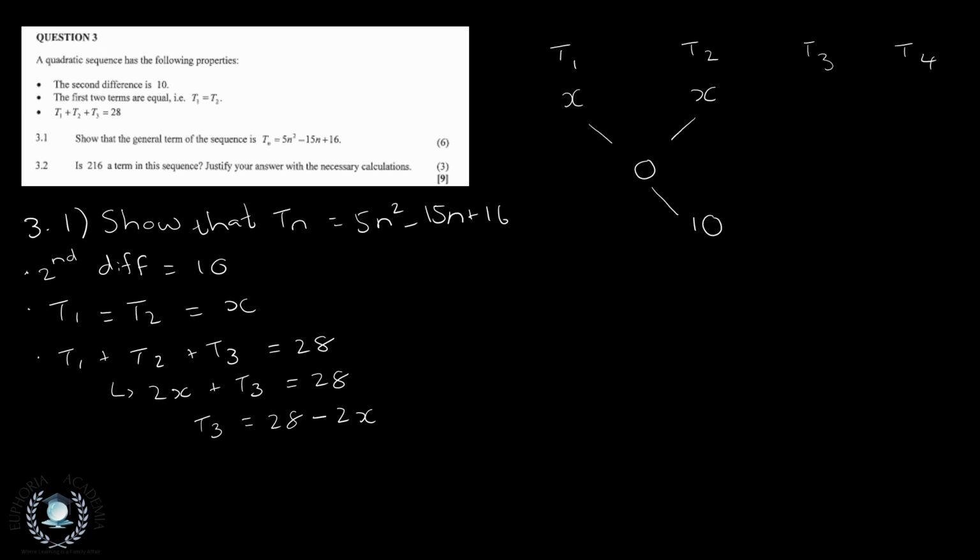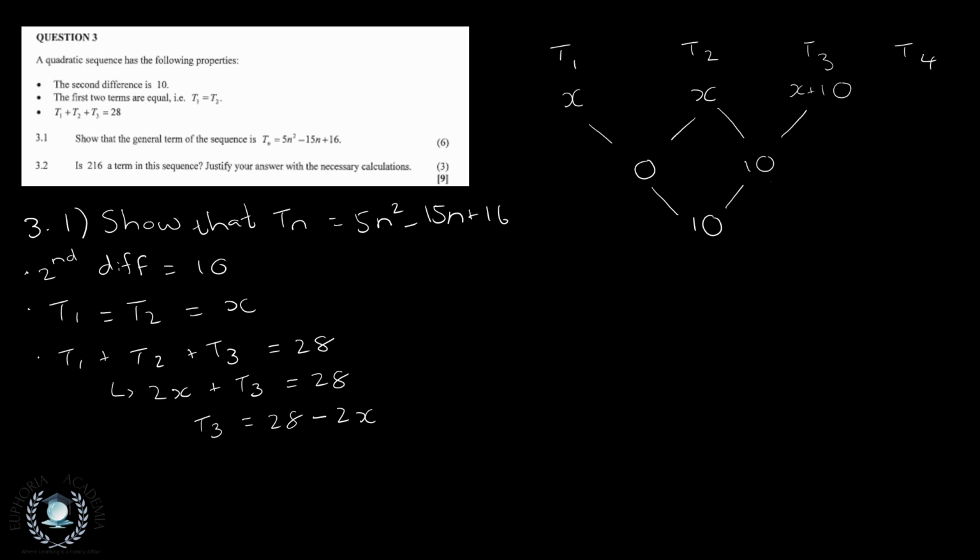Now we're just going to work our way up. If we work our way up, instead of subtracting, we add. So 0 plus 10, that gives us 10. And now we're working our way up to term 3. So x plus 10. And let's go down again.